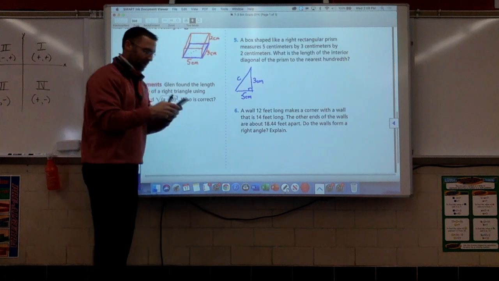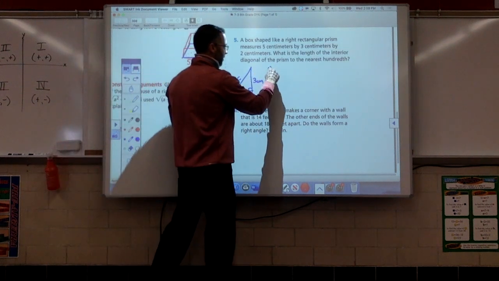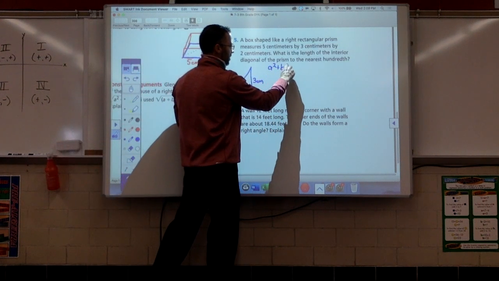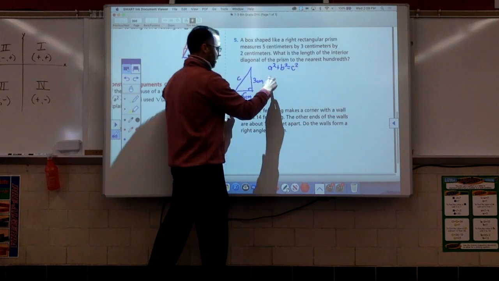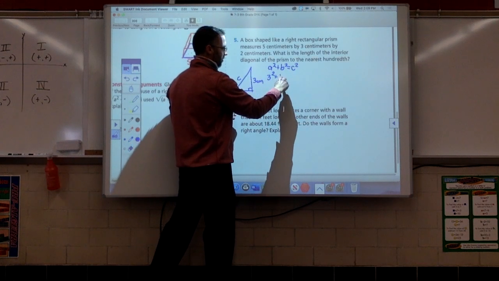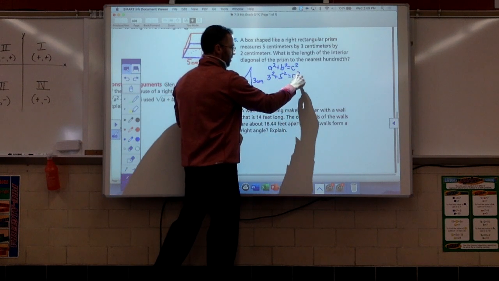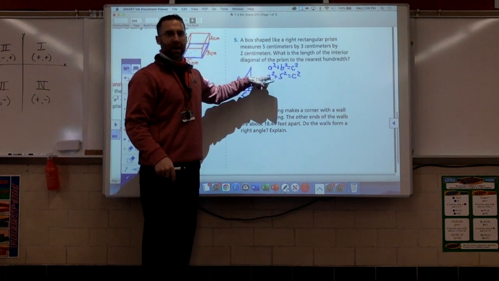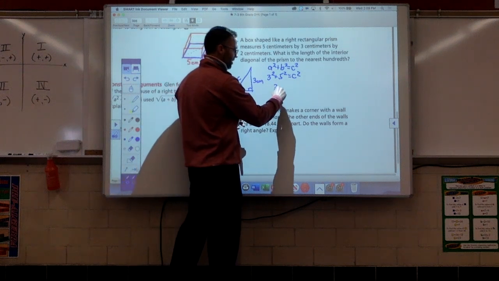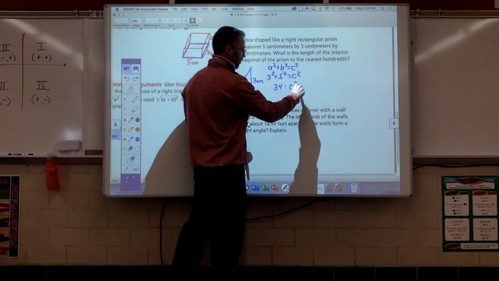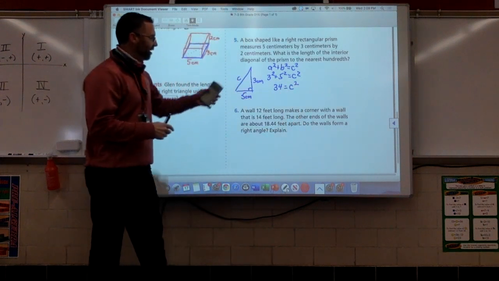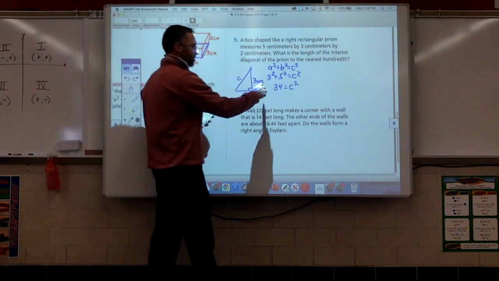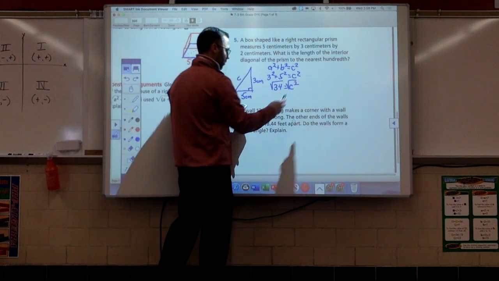Find the length of that hypotenuse. a squared plus b squared equals c squared. 3 squared plus 5 squared: 9 and 25 together is 34. So to find the length of this hypotenuse, we find the square root of 34.